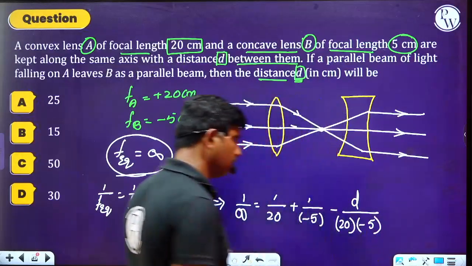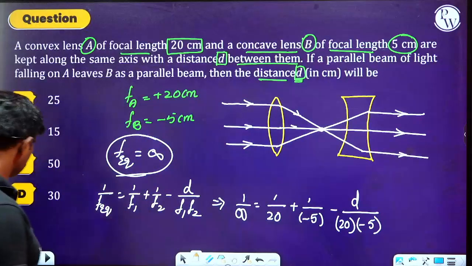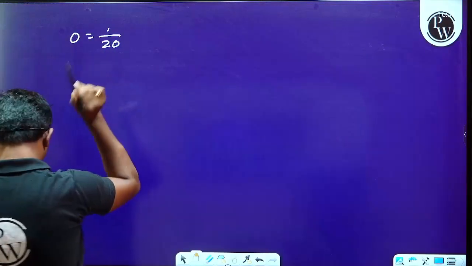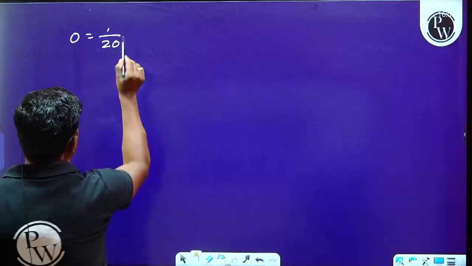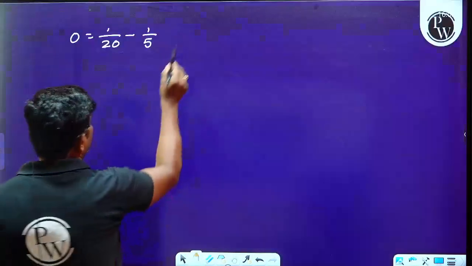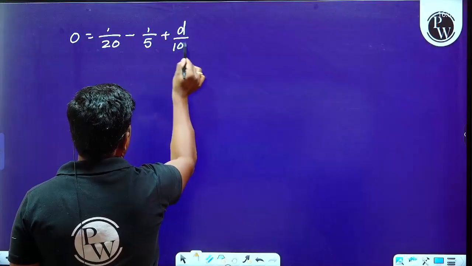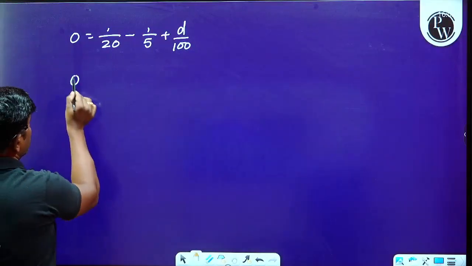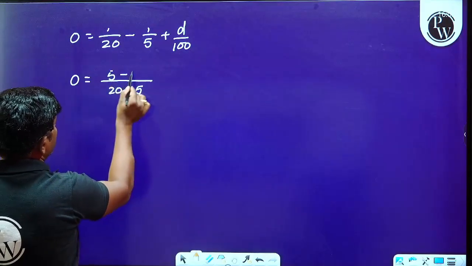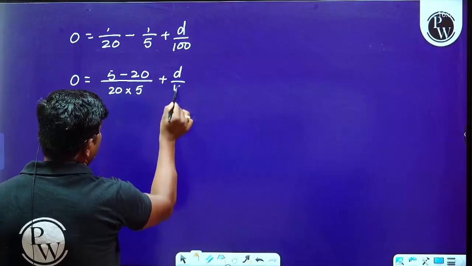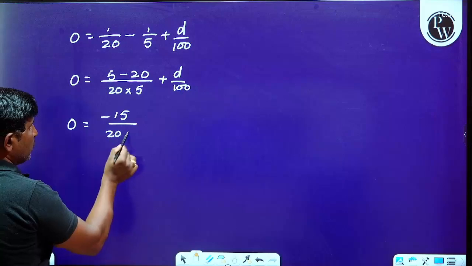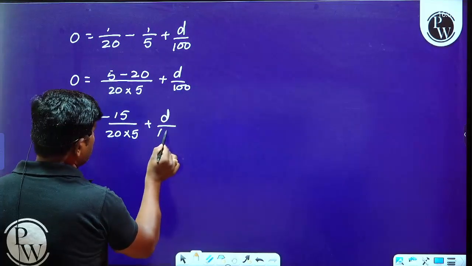Just do simplification. 1 by infinity is 0, so 0 is equal to 1 by 20 minus 1 by 5 plus d divided by 100. 0 is equal to, with 20 into 5 as the LCM, 5 minus 20, so minus 15 divided by 20 into 5 plus d divided by 100.